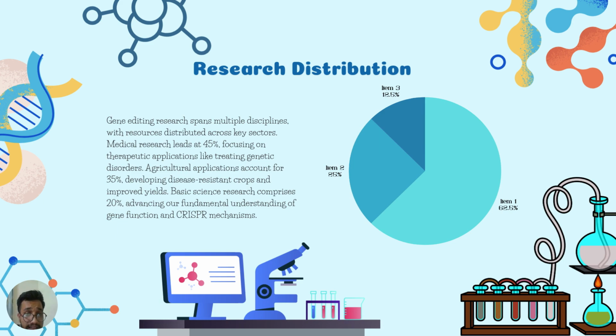The text correctly states that medical research leads at 45%, focusing on therapeutic applications like treating genetic disorders. Agriculture applications take up 35%, and basic science comprises 20%. But if you look at the Canva pie chart graphic on the right, it claims item 1 is 62.5%.